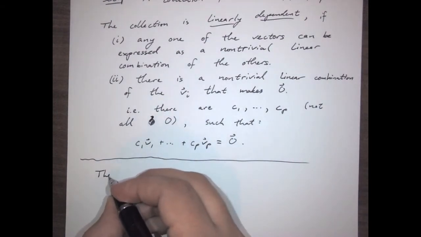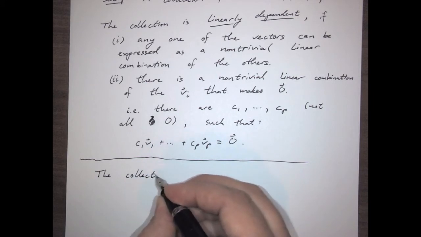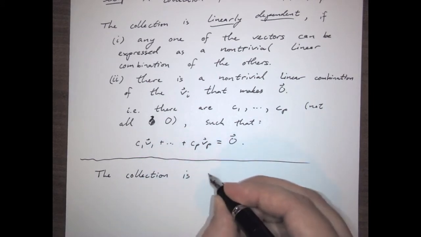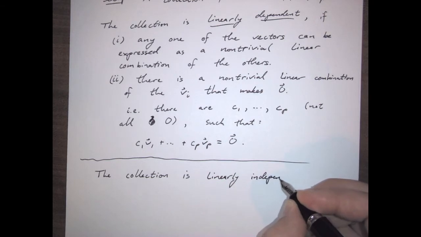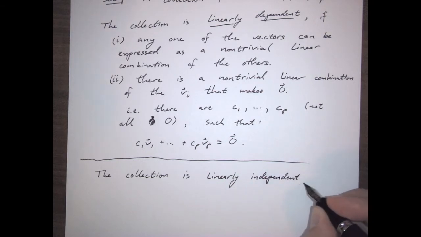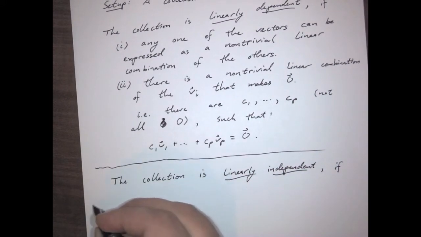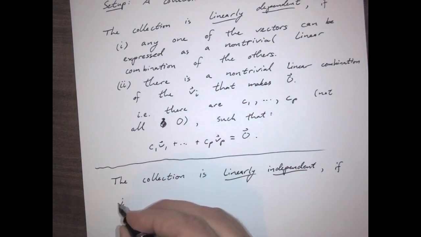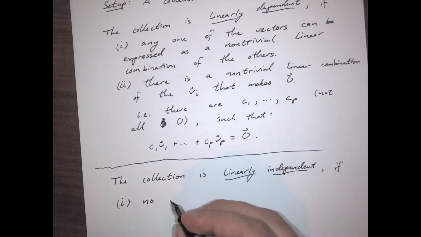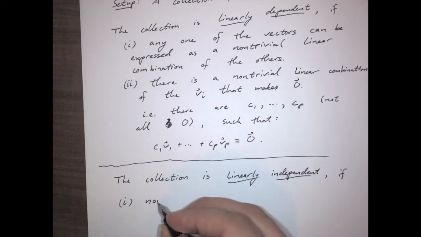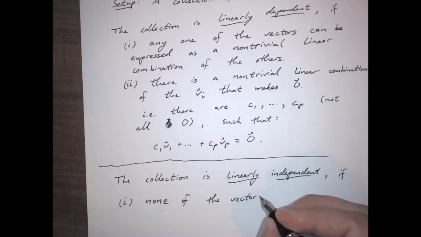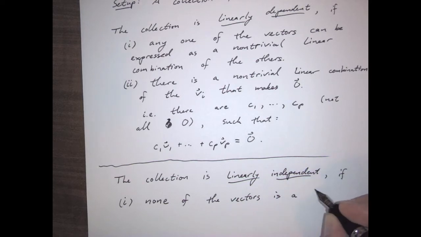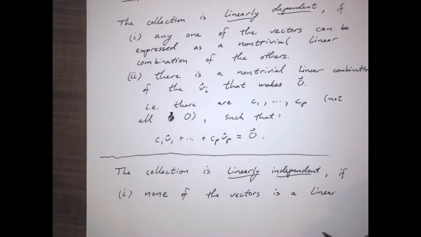So the collection is linearly independent, as opposed to dependent, if, one way of putting it, none of the vectors is a linear combination of the others.